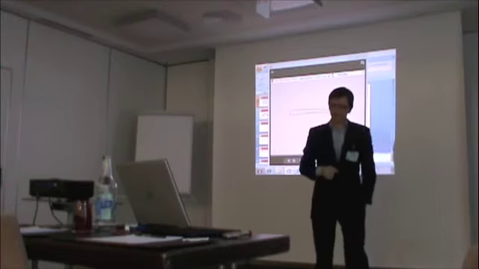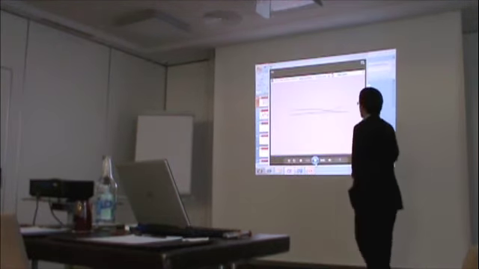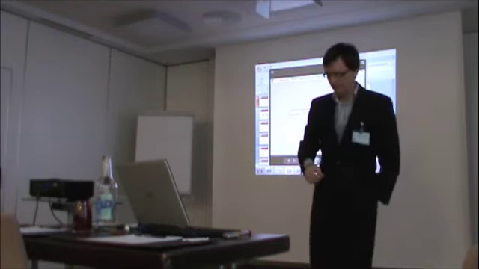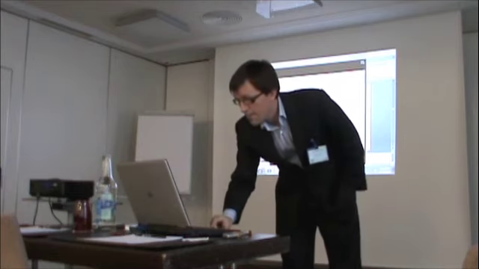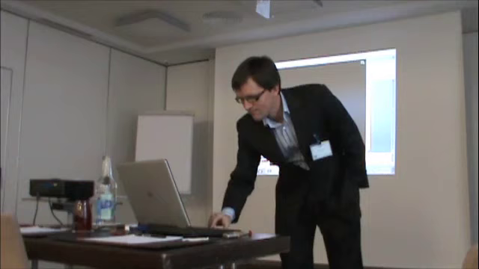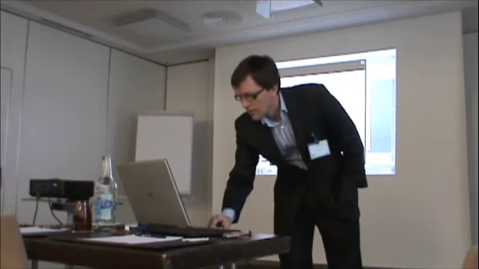Another thing that's interesting to note here is that although they're emitted in the order of blue, red, green, they arrive in the order of blue, green, red. So they actually arrive out of order.